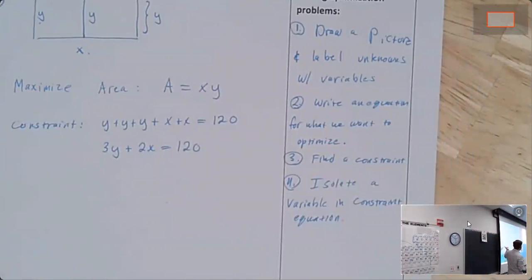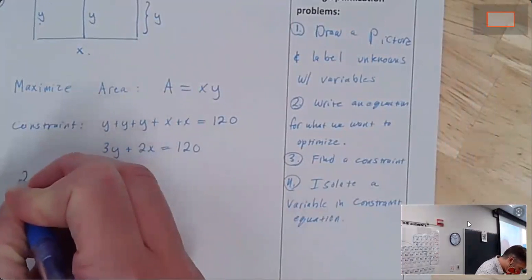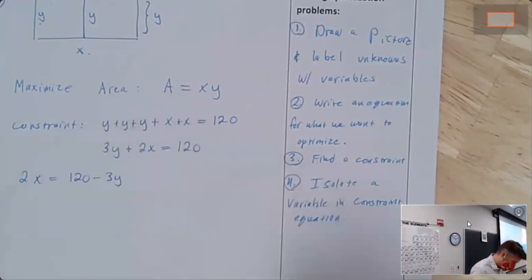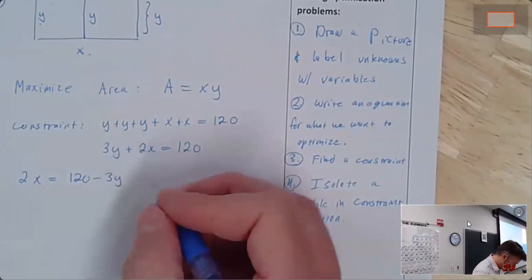This one here, solving for x or y, it's pretty much the same amount of difficulty, so it really doesn't matter which way you do it. I'm going to solve for x. So 2x equals 120 minus 3y, and then divide both sides by 2.